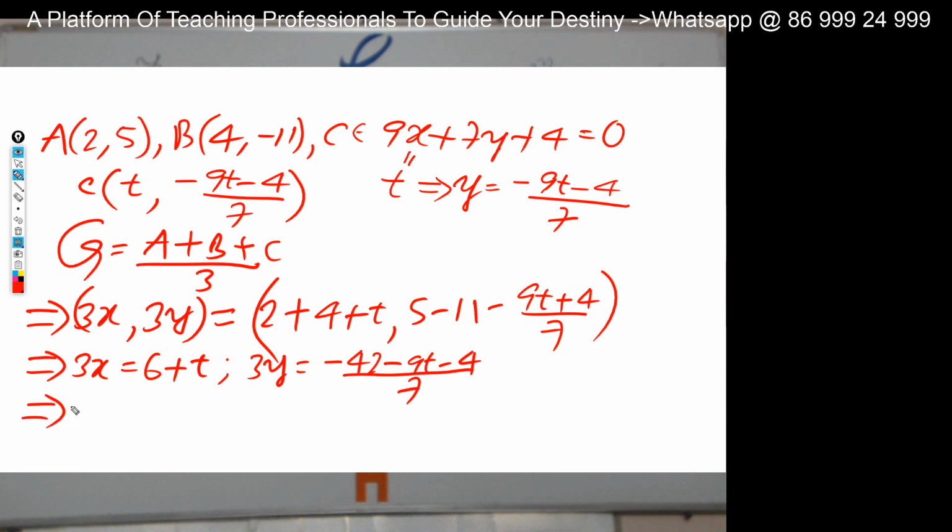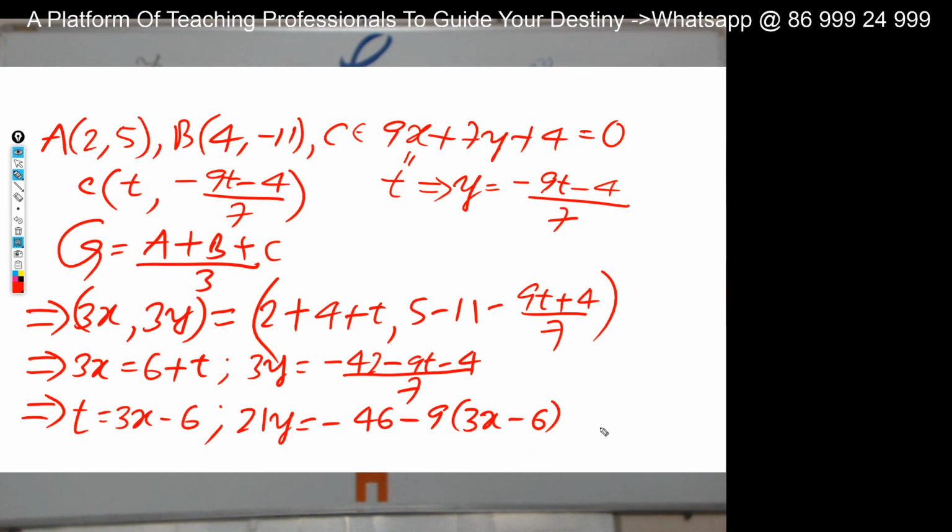Now from this one, t is 3x minus 6. And here if you cross multiply, it is 21y is equal to minus 46 minus 9 into (3x minus 6).